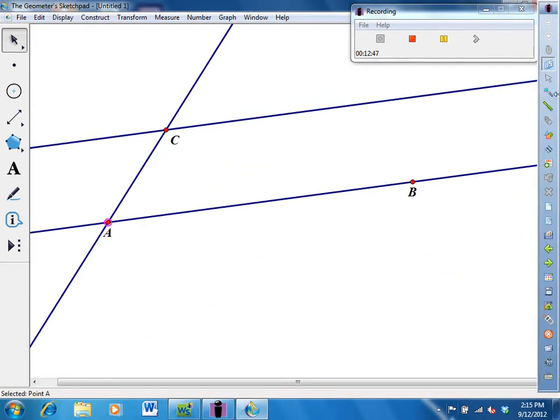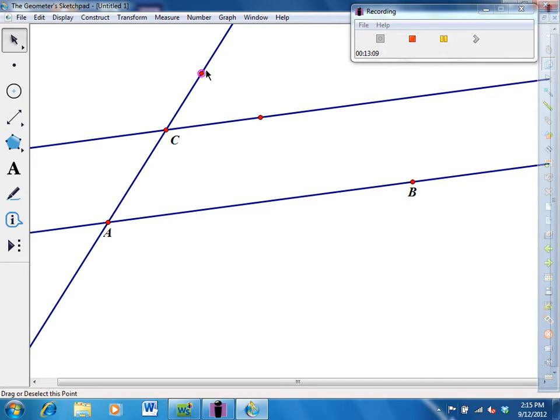So then what you're going to be doing is measuring a bunch of angles. And the way you measure an angle, did I show you that? Watch. I'm going to put a point on this line. You can put points anywhere you want. And I'm going to put a point over here on this line. So say I want to measure this angle.